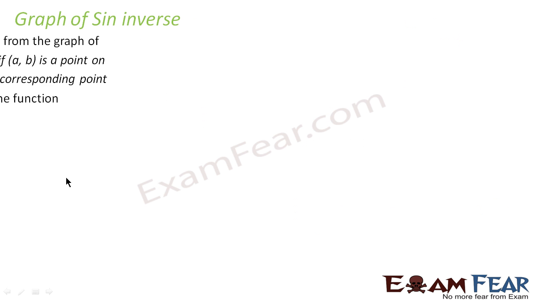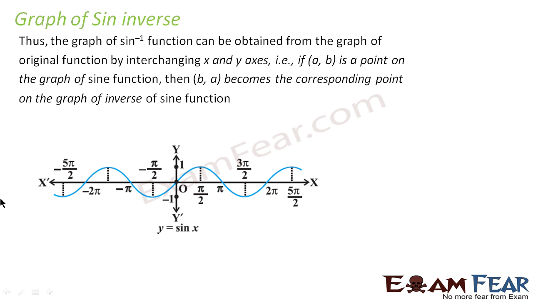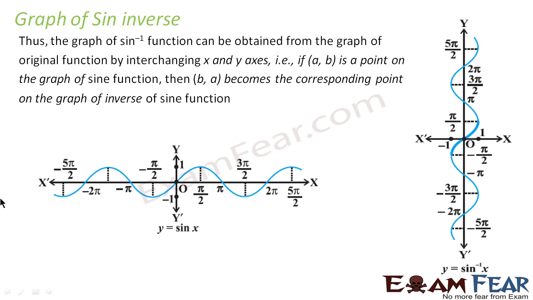So let's understand the graph of the sine inverse function. We got the sine inverse, so we can form the sine inverse graph also. If this is y is equal to sine x, this becomes y is equal to sine inverse x. How? We just topple it. Here the y-axis contains minus 1 to 1, and the x-axis contains minus pi by 2, plus pi by 2, all these values.